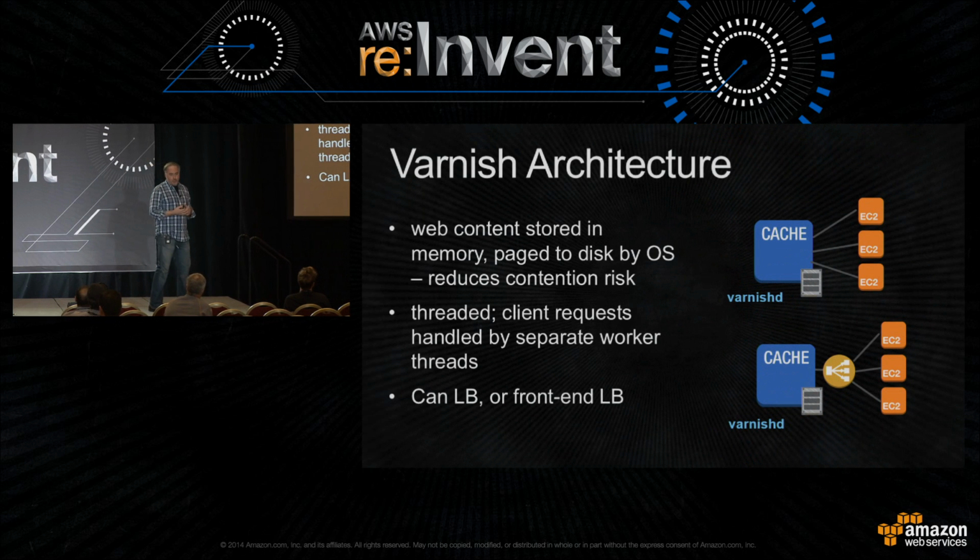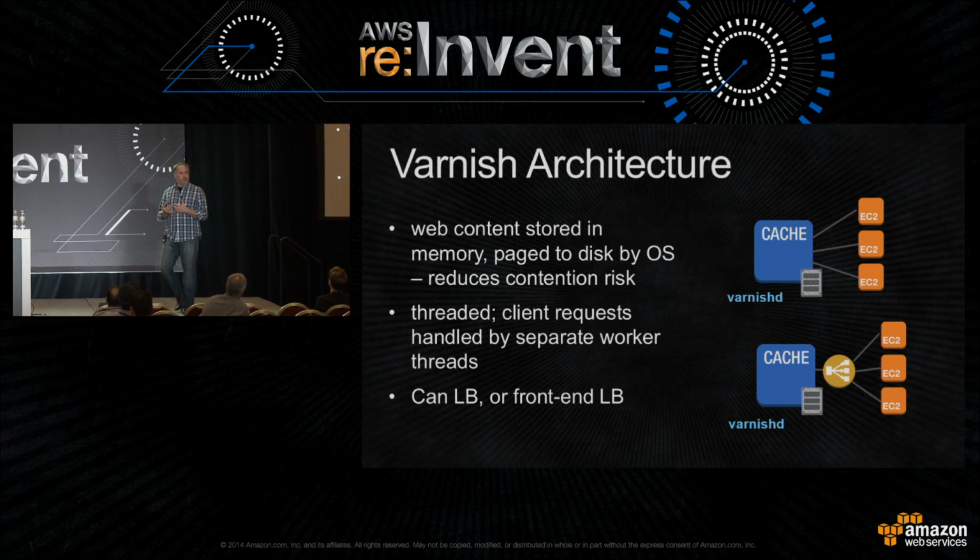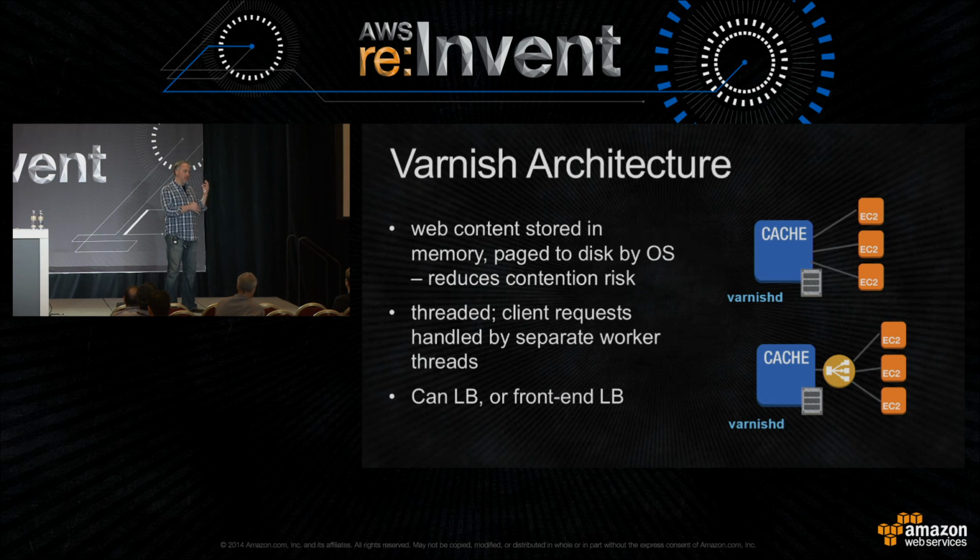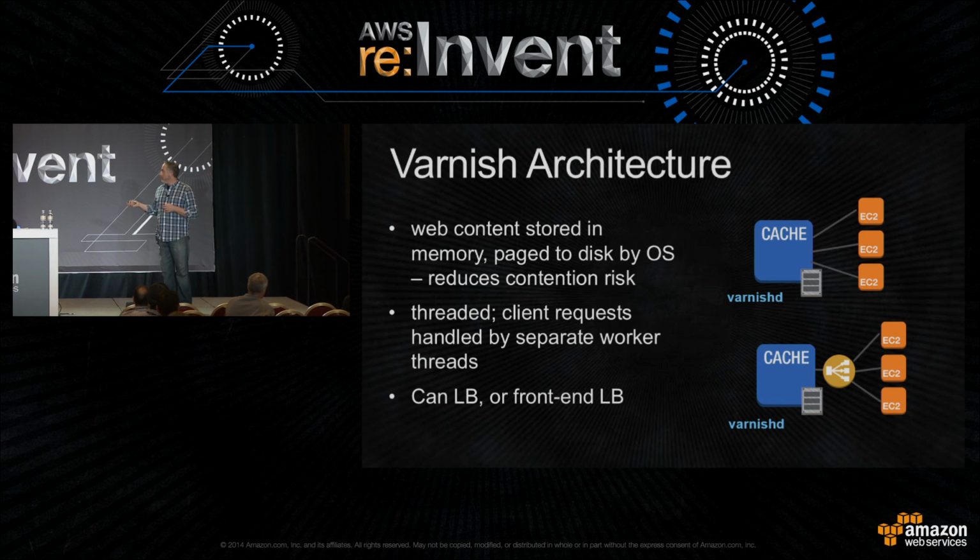From an architecture perspective, there are two different patterns you can use Varnish with. You can handle and manage the load balancing in front of your EC2 instances yourself. Or you can provide a backend to Varnish, which is nothing more than a load balancer.